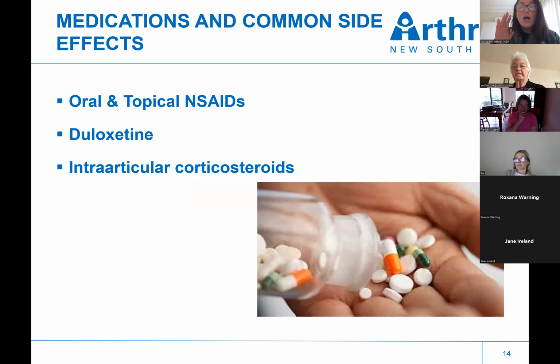Sorry, apologies. Steroids, corticosteroids, glucocorticosteroids, all of those types of medications pose a risk to the development of osteoporosis and the risk of damage to soft tissue such as tendons and ligaments.